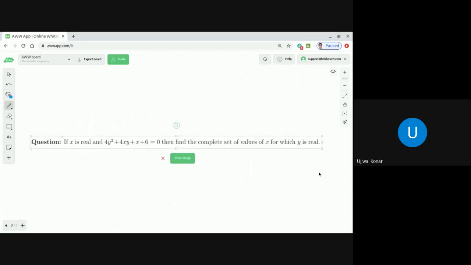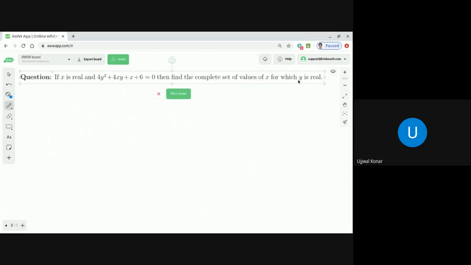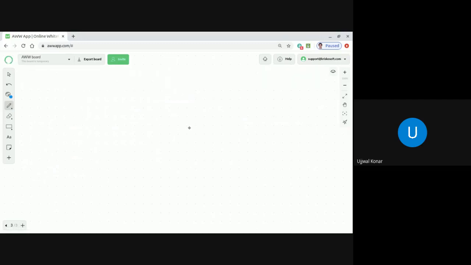The question is: if x is real and 4y square plus 4xy plus x plus 6 equal to 0, then find the complete set of values of x for which y is real.